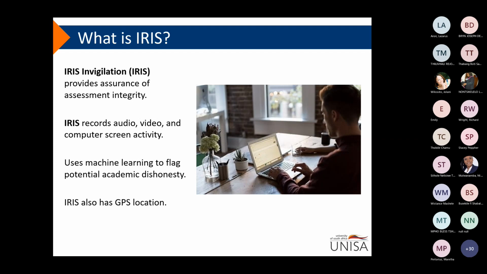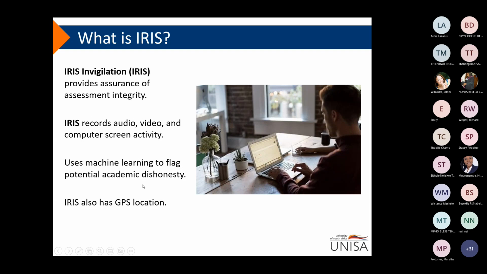So, like I said, although it uses machine learning, you don't have to worry about whether you will be flagged for dishonesty or not. It is a person from the examinations department who will look at your recordings and then make a determination whether we believe you were possibly being dishonest or not.